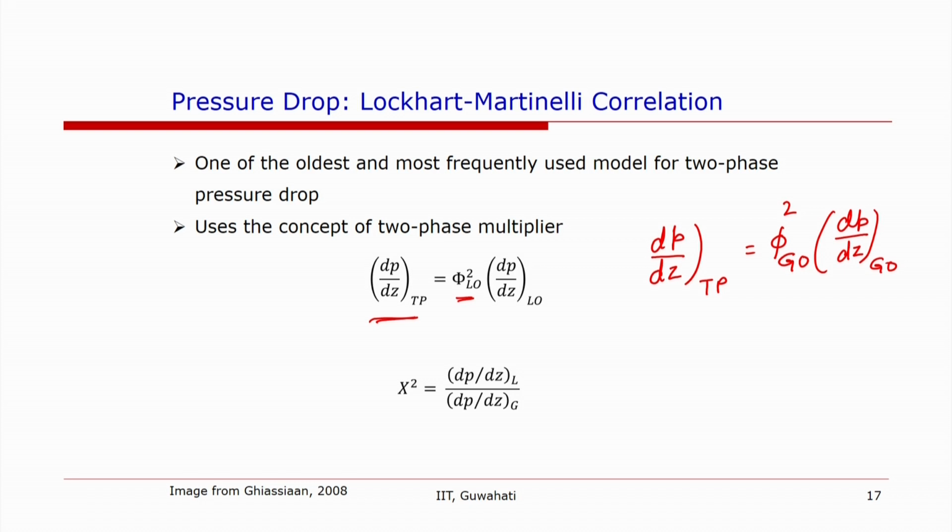Now, the Martinelli parameter that we have already discussed for void fraction is the ratio of the pressure gradient if it is liquid only flow and the pressure gradient if it is gas only flow. So, X squared is the ratio of dP by dZ liquid only and dP by dZ gas only.